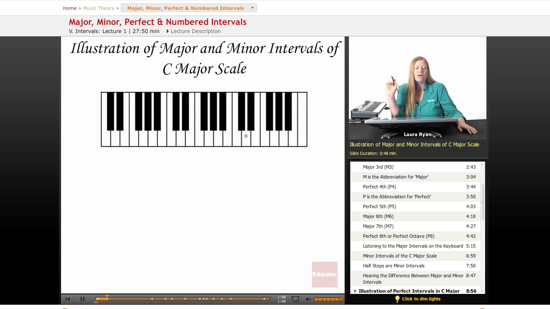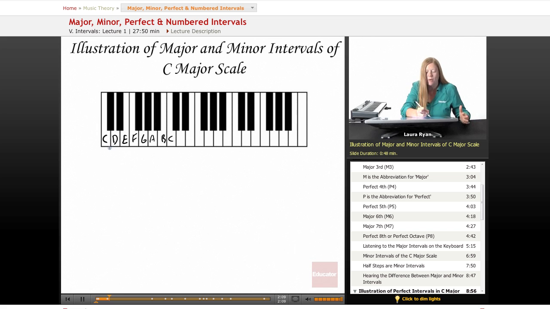Let's talk about exploring the C major scale a little more fully. The major and minor intervals of the C major scale are, first we'll start with labeling our notes. From C to D, this is a second.